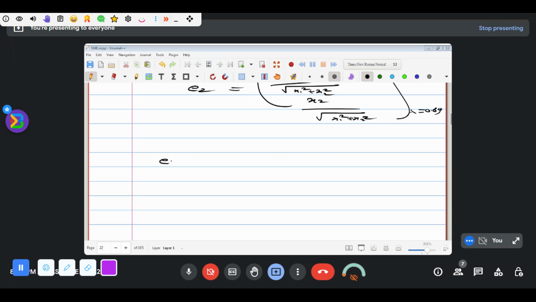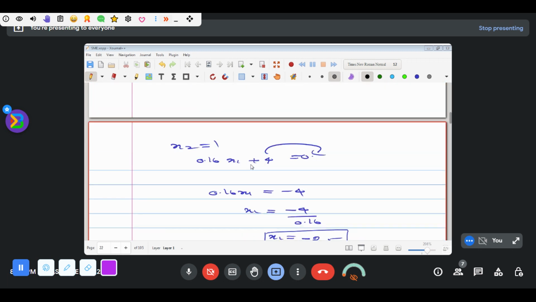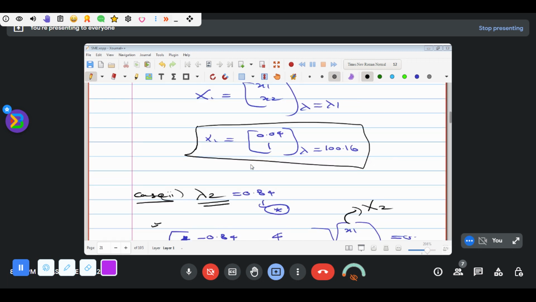Just to complete, what are the E1 and E2 values? Please tell me, E1 equal to what? The corresponding x1 value, from the first eigenvector, is 0.04 divided by root of 0.04 square plus 1 square.